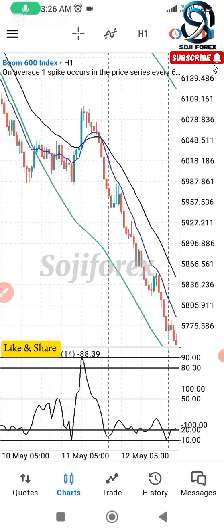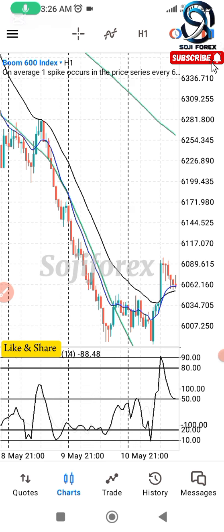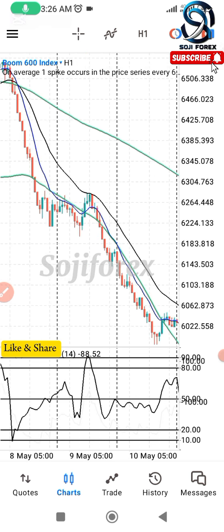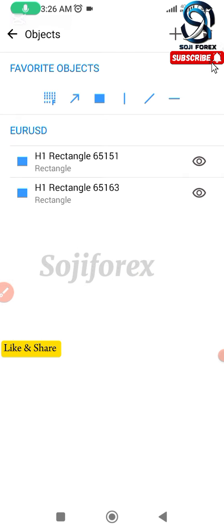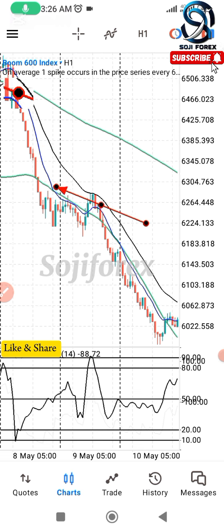Then number two, I want you to take note of the space, the gap between your moving averages, regardless of your moving average setup or whatever indicator you're using on your main chart.